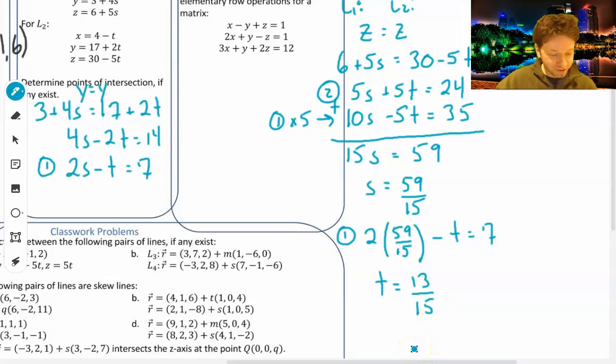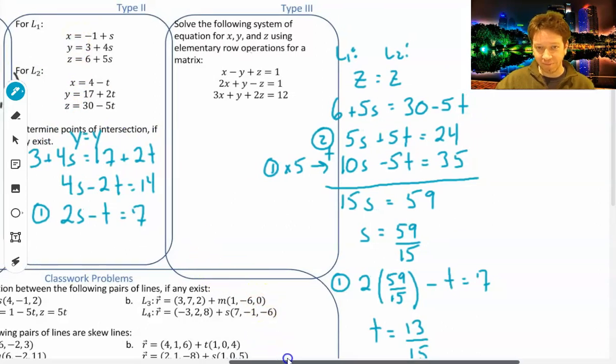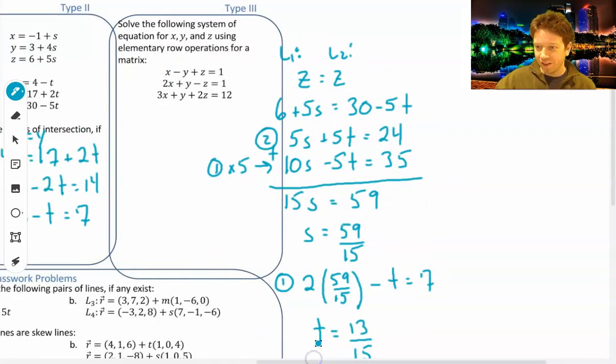And if you substituted those back in, you can get y and z coordinates. We did y and z. But before we check y and z coordinates, let's just check x. Let's see if x would be the same, or if they're skewed.